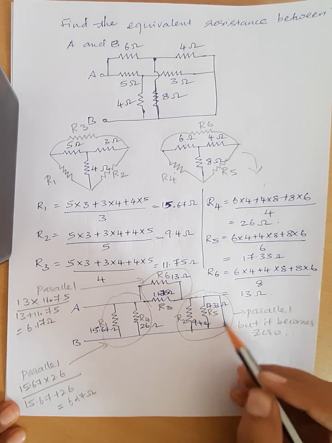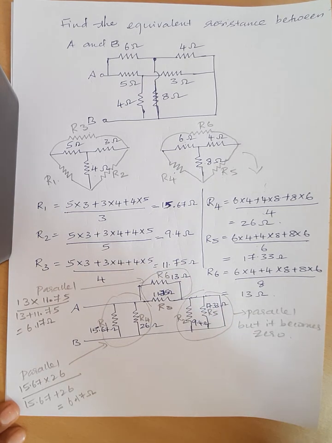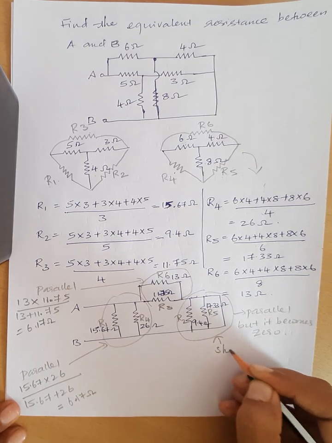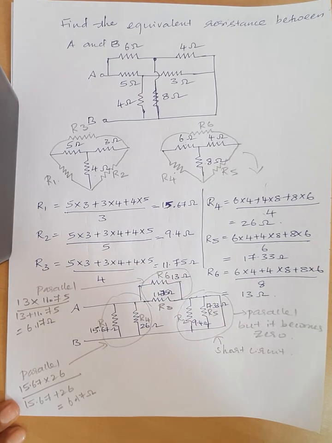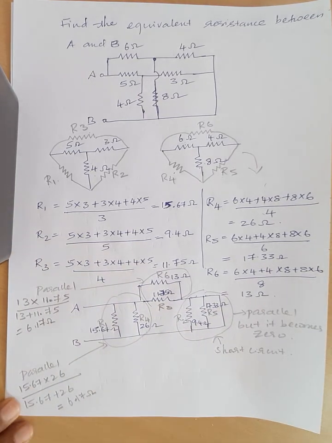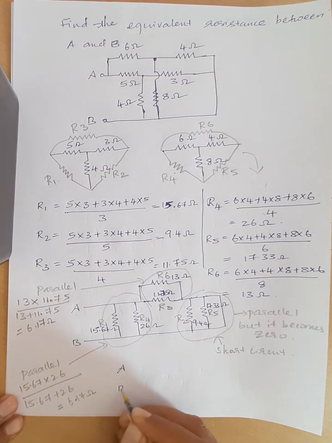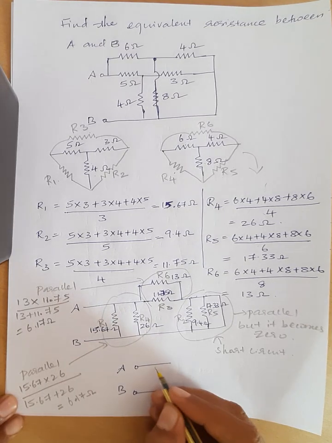So when you do a parallel combination with 0, obviously your answer will also be 0. So that's why this whole part will be just a short circuit, replaced by V equal to 0. Now when you rewrite the reduced circuit, the circuit will look like this.